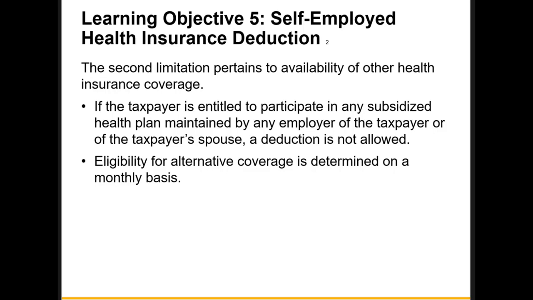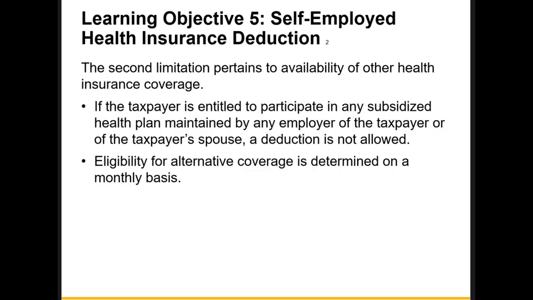Okay? The other thing is you can't have health insurance elsewhere. Meaning if you are both self-employed and an employee, if you have an opportunity, even if you turn it down, for subsidized coverage, meaning that the employer is going to pay at least part of it, from your employer, you can't take the self-employed health insurance tax deduction.